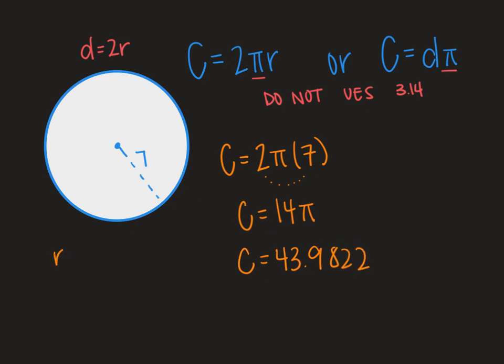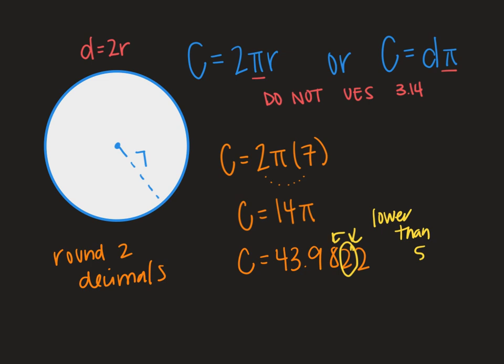And as always, we're going to round to 2 decimal places. So what I do is I look at the third number. And since this third number is lower than 5, that means that this number will stay the same. So our answer will be 43.98 for our circumference.